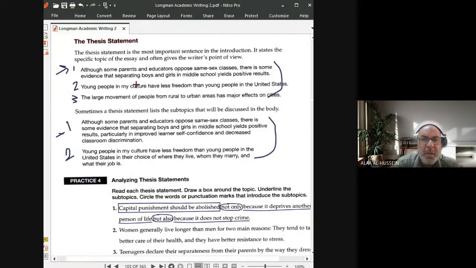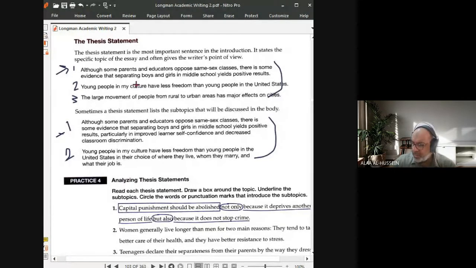Although some parents and educators oppose, meaning disagree with, the idea of the same-sex classes, there is some evidence that separating boys and girls in middle school yields positive results.